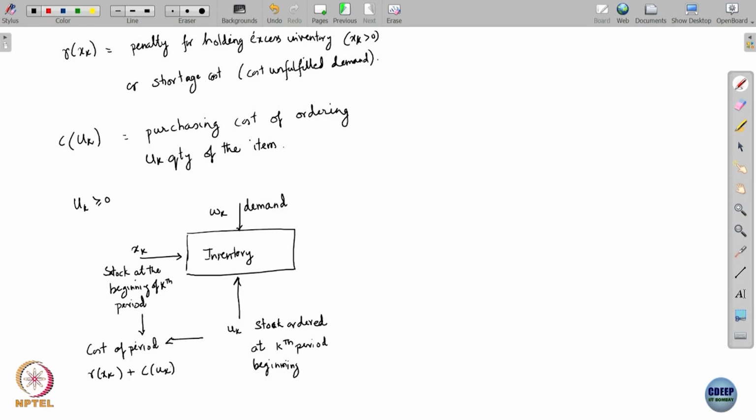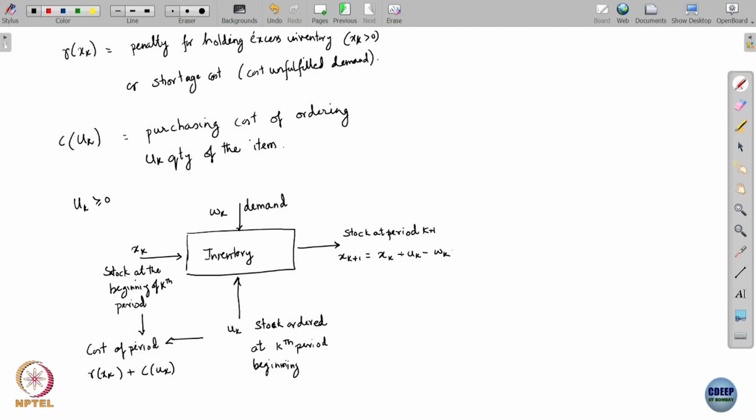With this information, the system then moves to the next time period and you get the stock at period k plus 1 in the following way: x k plus 1 is x k plus u k minus w k.